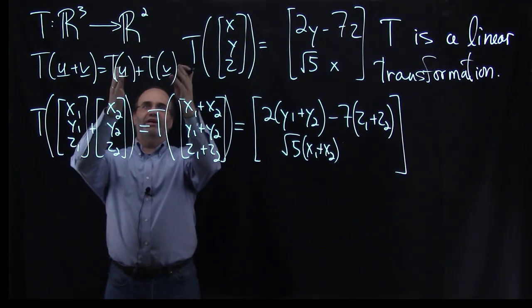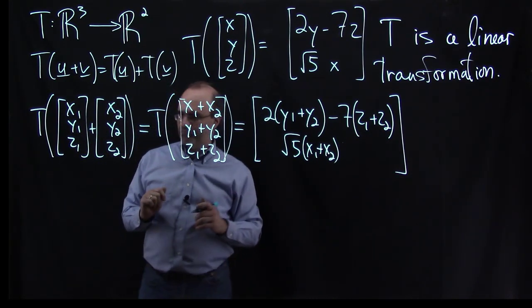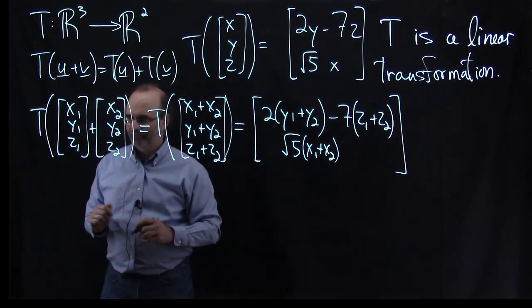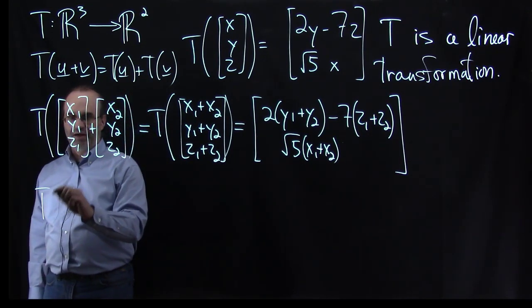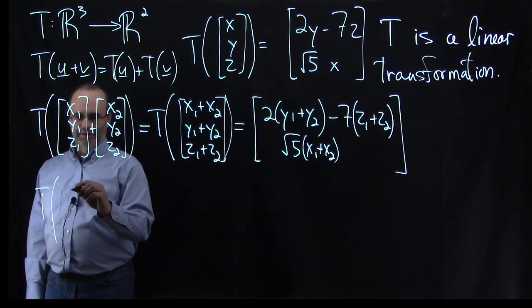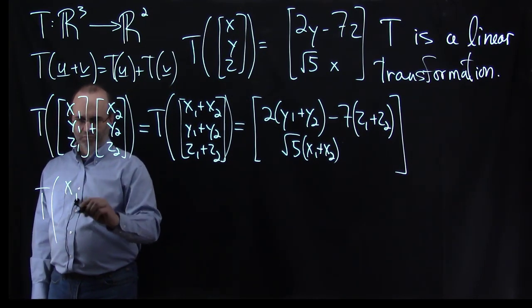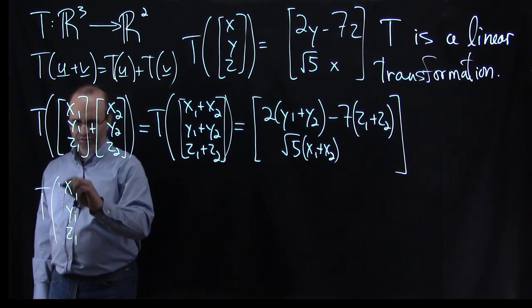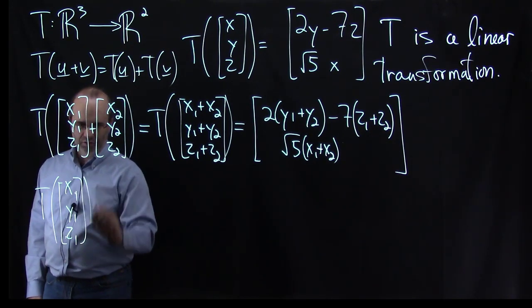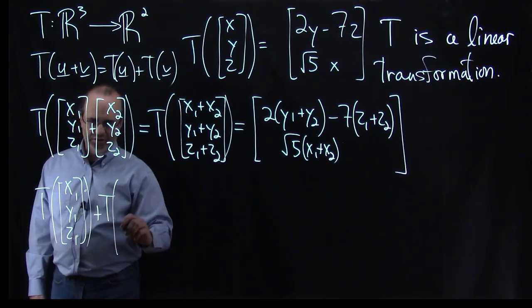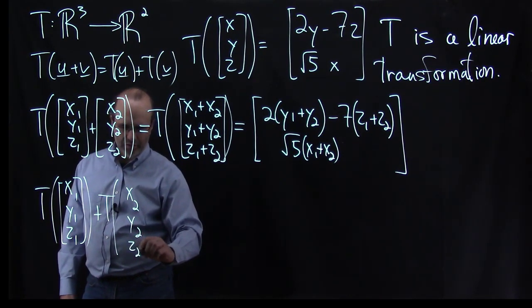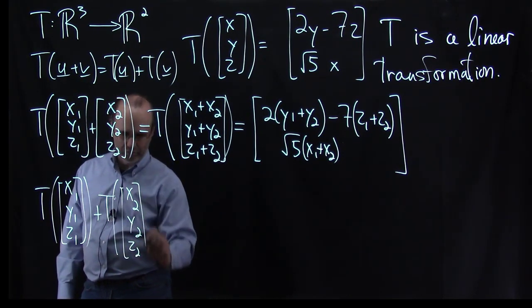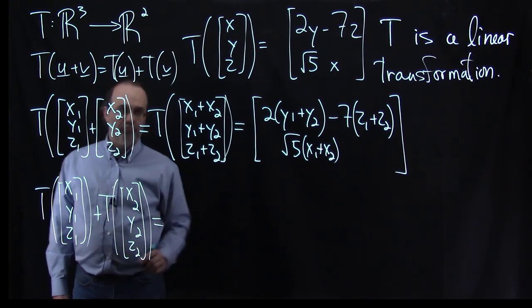I need to compare it with T applied to each vector separately, summed. So let's compute this: T applied to (x1, y1, z1), plus T applied to (x2, y2, z2).